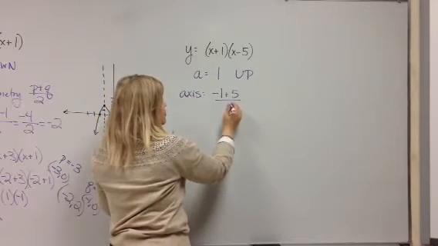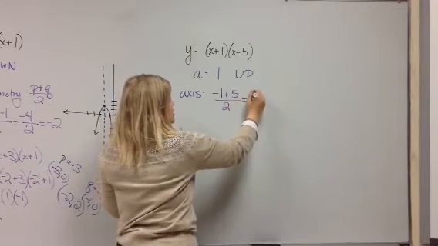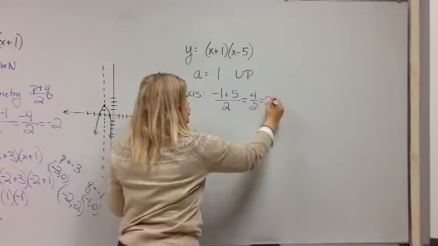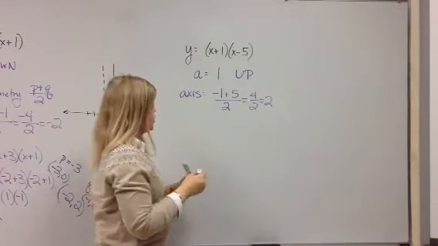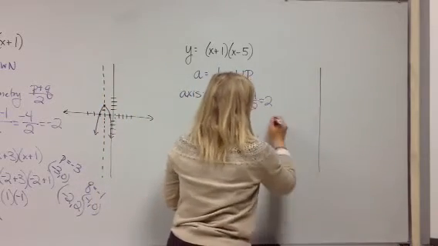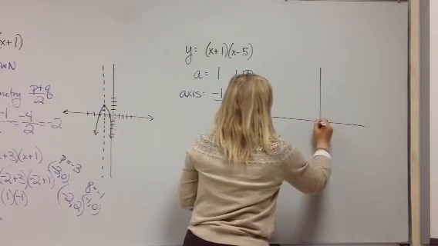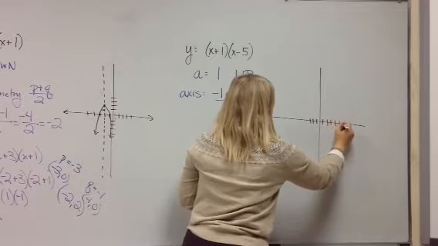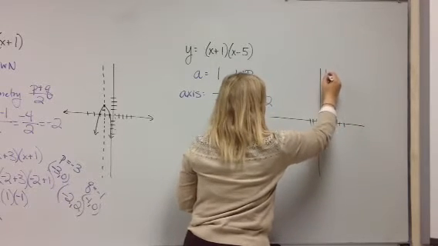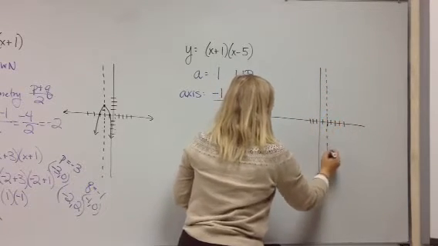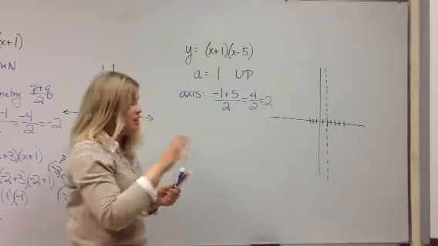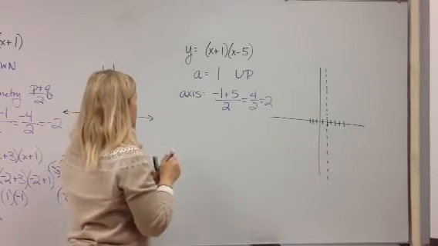So negative 1 plus 5 over 2, that's 4 over 2, which is just 2. And remember, once you find the axis of symmetry, that's when you can put in your dotted line at 2. I do like the dotted line to help you tell what's going on.